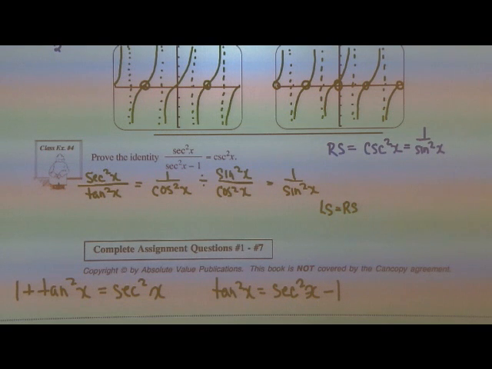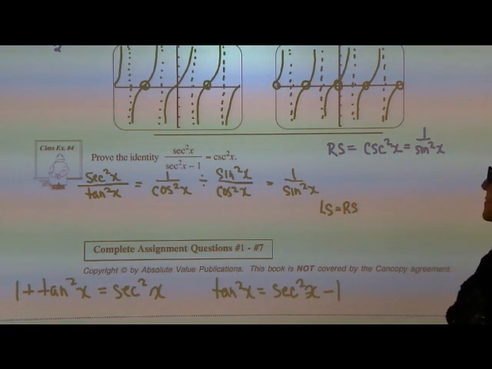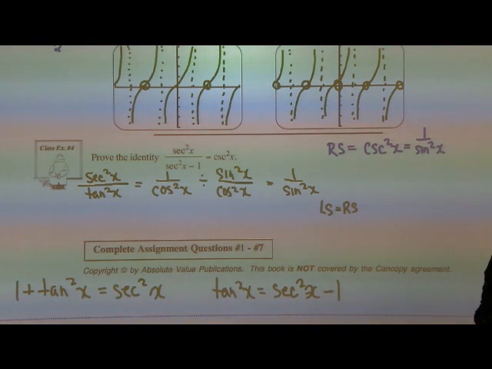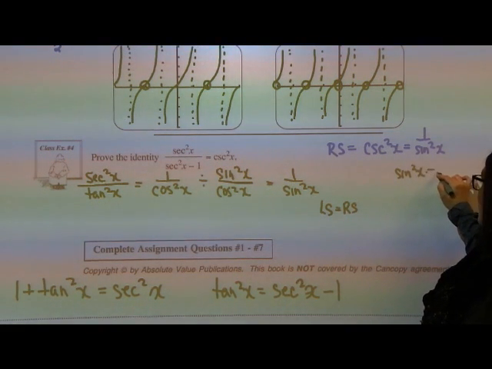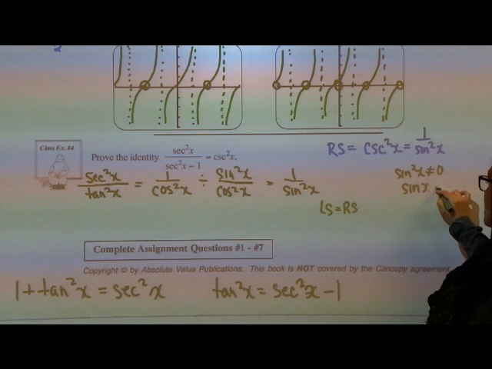Do I have any non-permissible values? Do I have any denominators? Well, sine squared x can't equal 0, which means sine x can't equal 0.